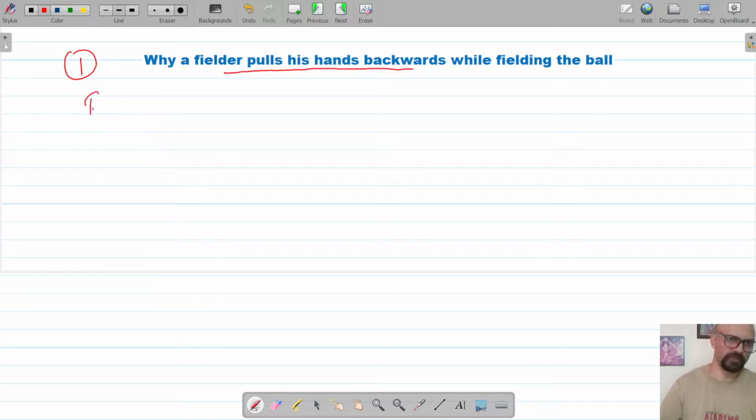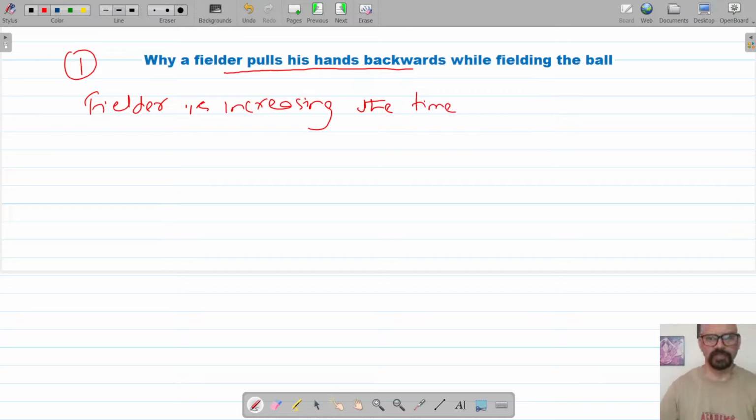So the fielder is increasing the time to catch, or the time of impact of the ball on the hand. And why is he doing so? While he pulls his hands backwards, he is increasing the time to catch the ball.